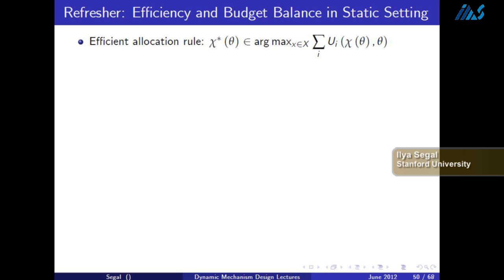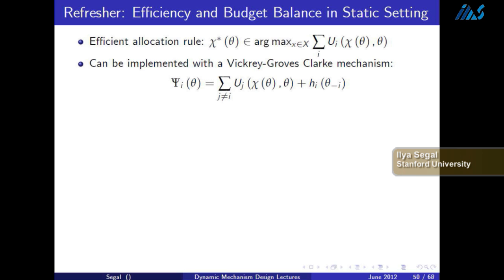Of course, the reason we look at the sum is because of the quasi-linearity assumption, so that this is equivalent to Pareto efficiency.